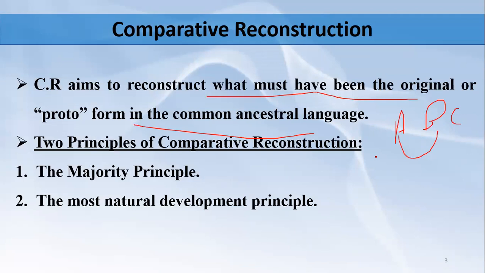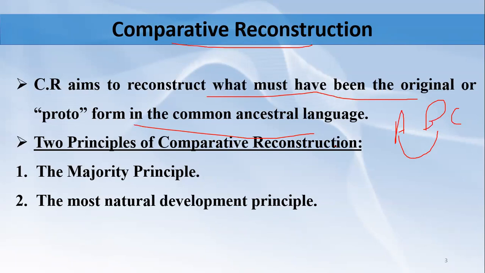It is a technique with the help of which we determine which word among a set of cognates must have been the proto word, the most original word, the oldest form. And the rest of the cognates must have been derived from that original proto word. So in order to decide that, we use comparative reconstruction.